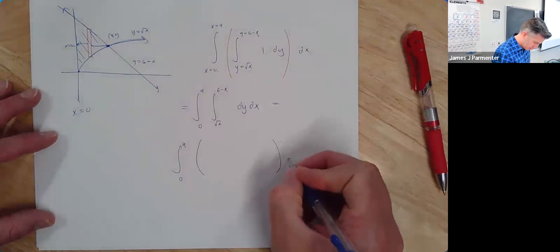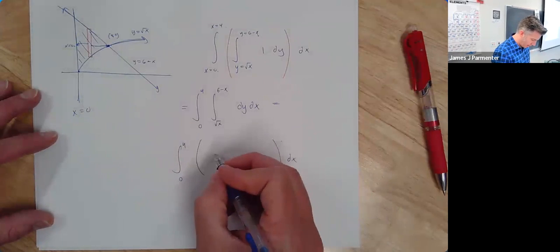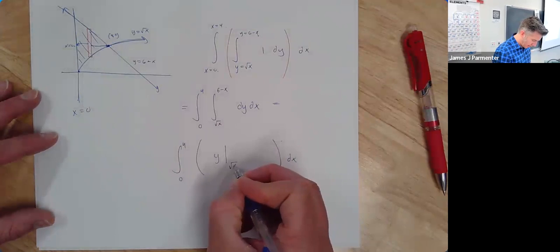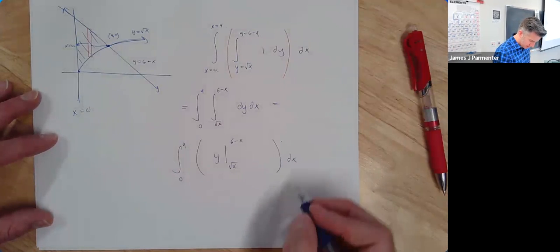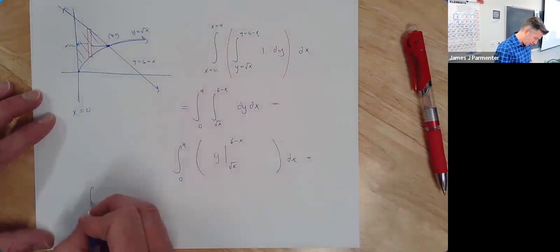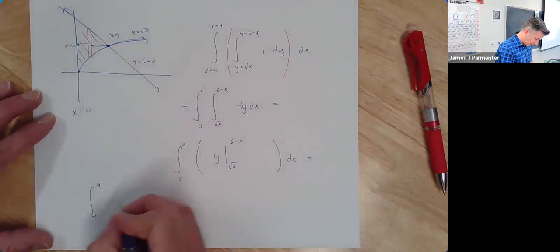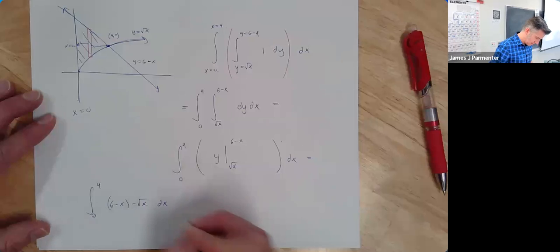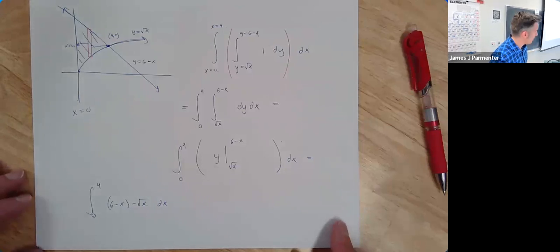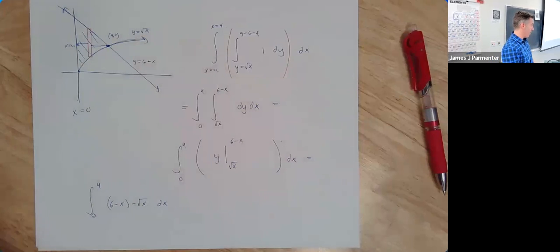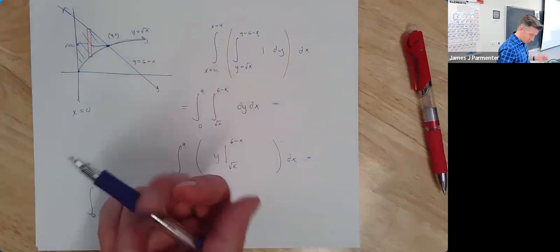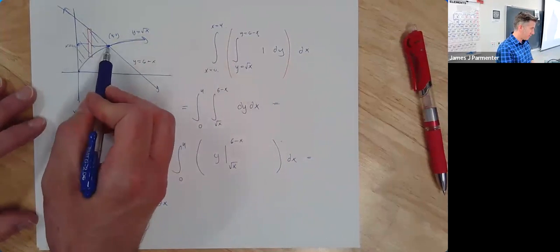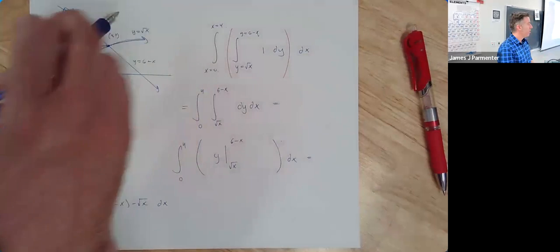And the inner integral, the integral of 1 is y, evaluated from root x to 6 minus x. Then we plug in, we get the integral from 0 to 4 of 6 minus x minus root x. Which is exactly how you would have set up the integral for this area in 16B. Right? Integral from as far left as 0 to as far right as 4, top minus bottom.